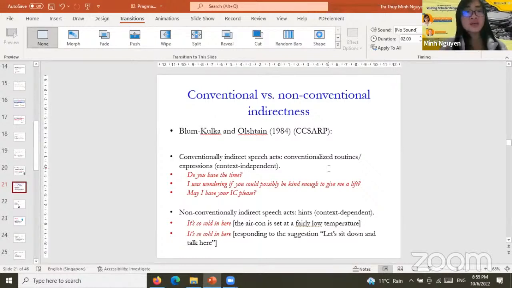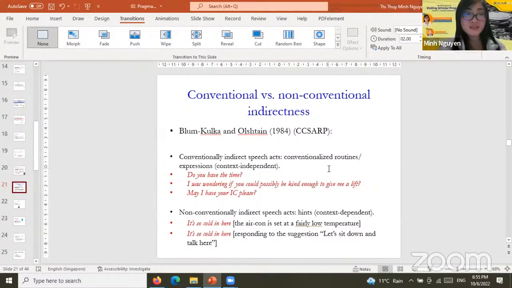Based on this kind of data, they came up with 2 kinds of indirectness, which they call conventional indirectness and non-conventional indirectness.